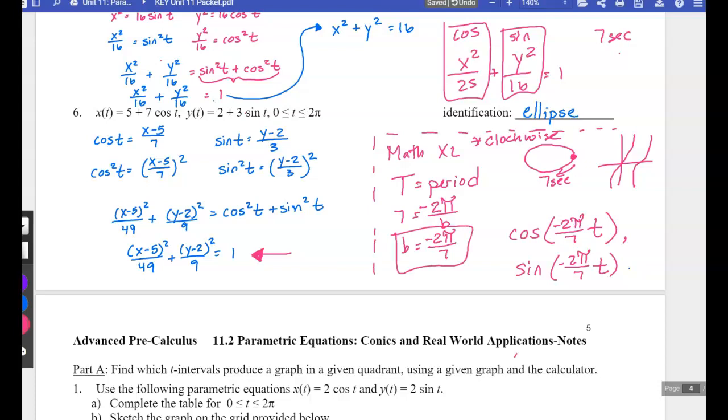But because this cosine term, this x term, has a denominator of 25, that means that we would have a 5, the square root of 25, in front of the cosine. Also, the sine has a denominator of 16. That means that in front of the sine, we would have a 4. So that would be the true thing that we input into Math Excel. Does that make sense?